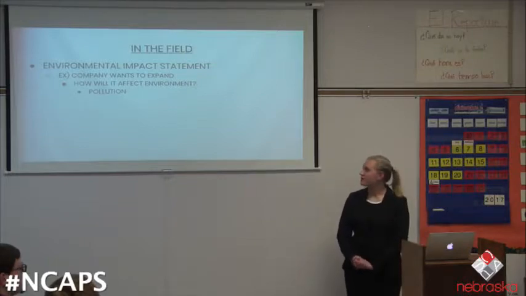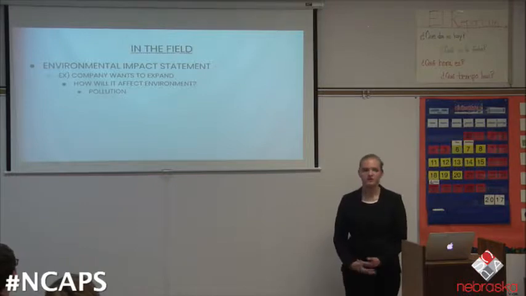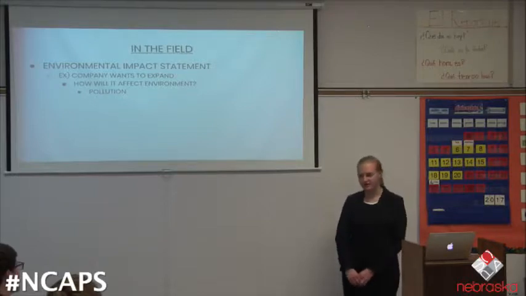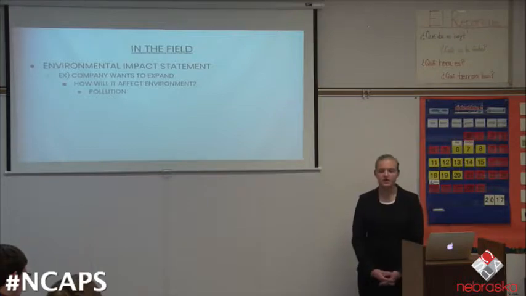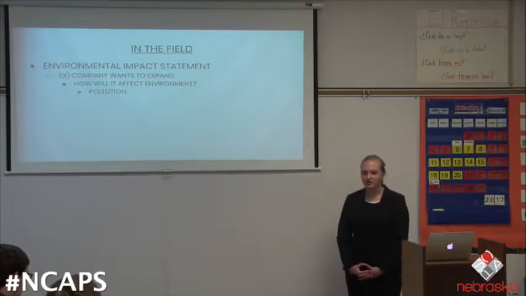So the first part is in the field, and so out in the field, what would an environmental engineer have to do? And one of the things is conduct an environmental impact statement. And what is an environmental impact statement? An EIS, for short, is just a document that lists all the positive and negative effects that would happen to the environment.